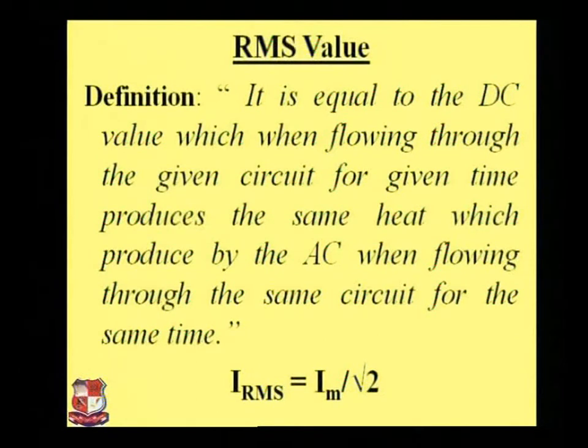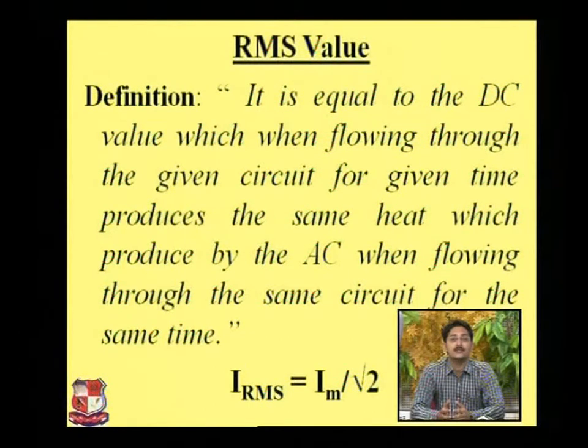As we all know, the DC circuit can be easily analyzed, and you can easily identify its value. So we equate the heat produced by the DC circuit to the heat produced by the AC circuit. So we can easily find out the parameters of the AC signal at any instant.